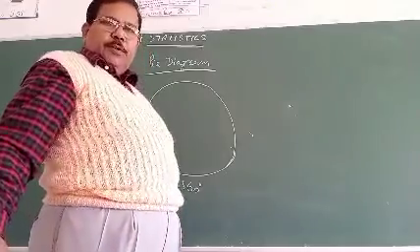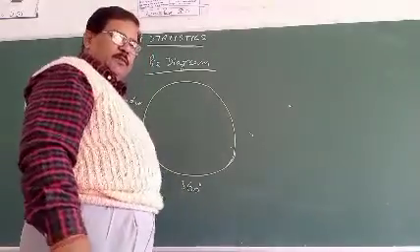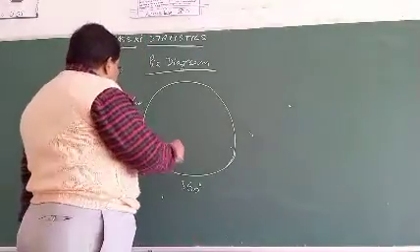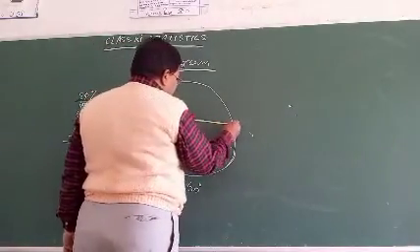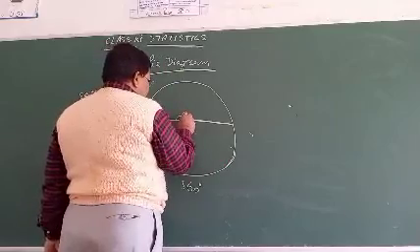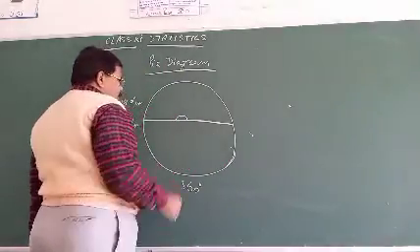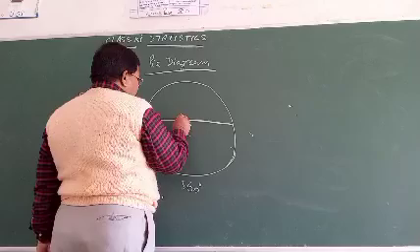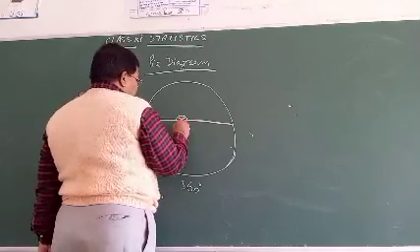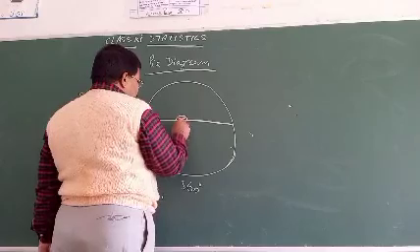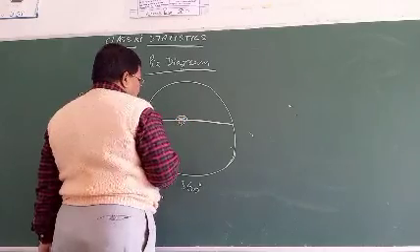From your instrument box you have to utilize the protractor. 50% is 180 degree. Here is the circle, half circle is 180 degree. This is 180 degree, and this other part is also 180 degree.